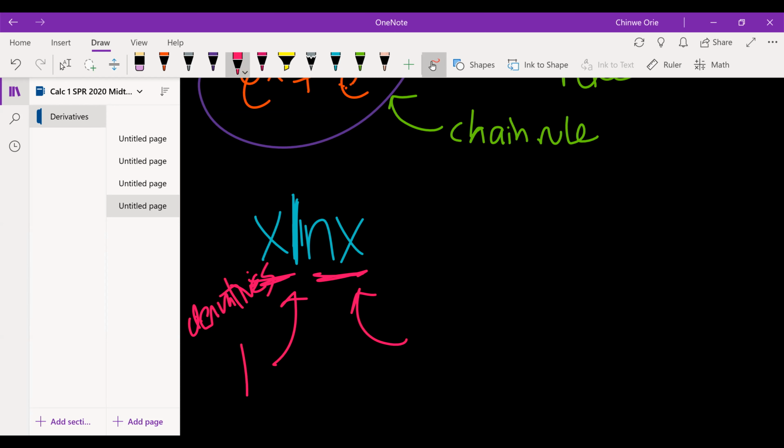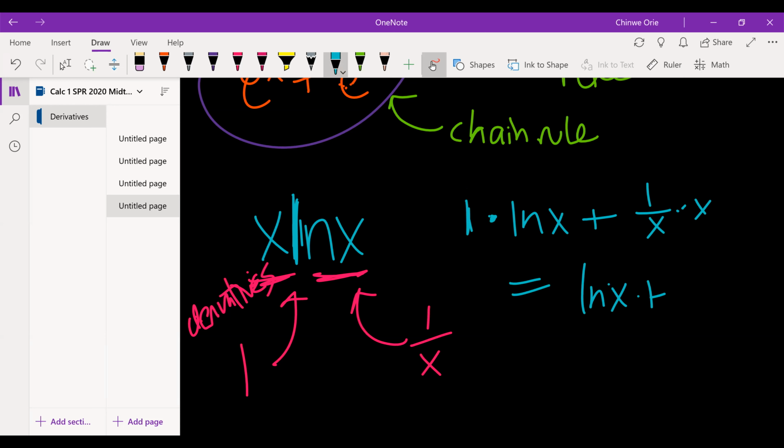And ln of x is what? 1 over x. Nice. Let's put that together. The derivative of the first function is 1. Let me keep that in the color that I said I was going to keep it in so I can stay organized. So we've got 1 times the second function, ln x, plus the derivative of the second function times the first function. That derivative is going to be ln of x plus what?